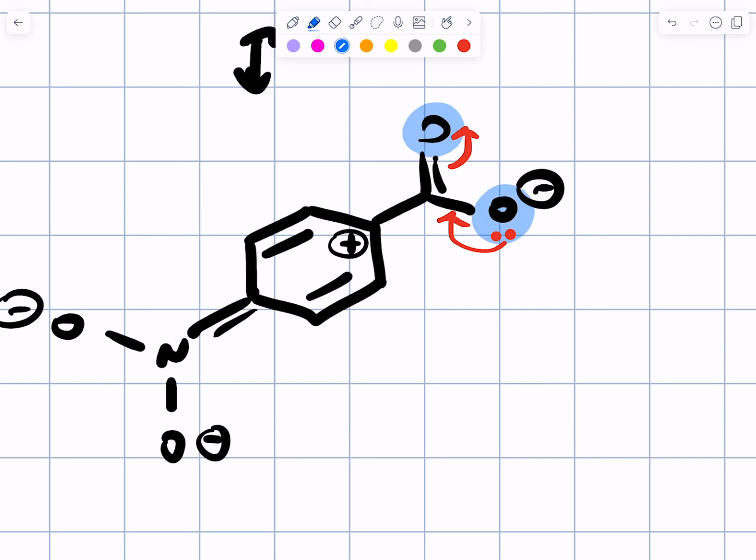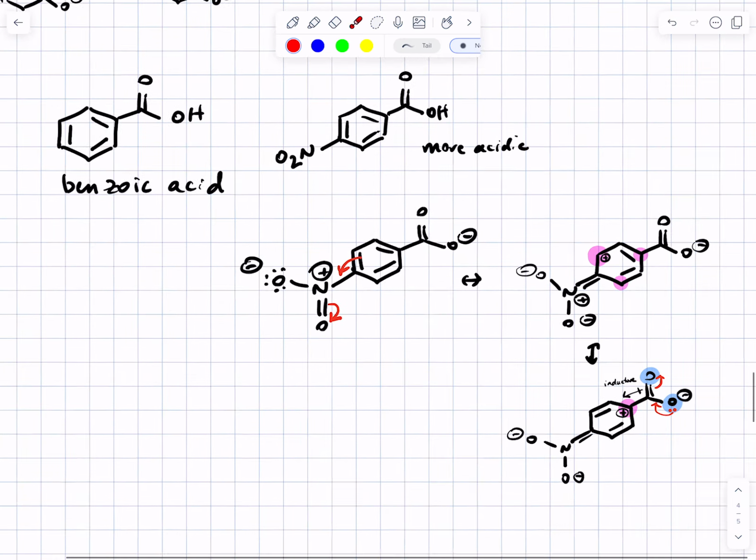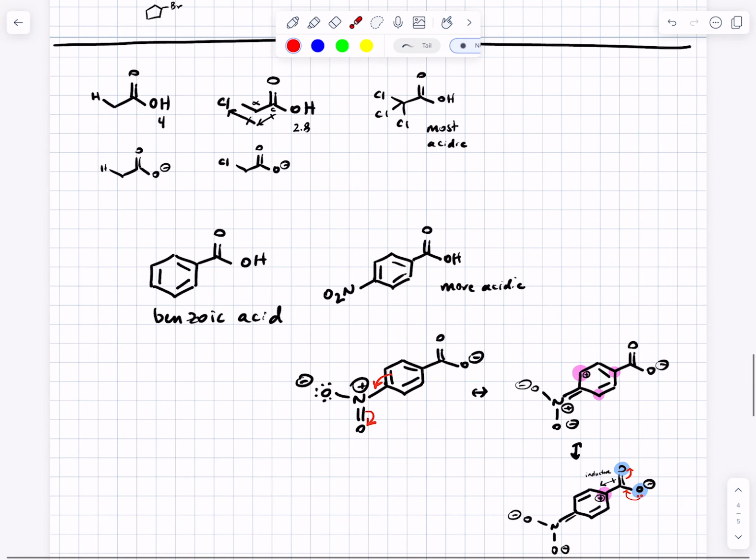I can't get them to the benzene ring, but you are right that having the positive charge adjacent to the benzene ring does have an effect. It's sort of an inductive effect, right? You have an electron poor carbon adjacent to the carboxylic acid. That's pretty similar to what we had up here with the chloro on the alpha carbon.